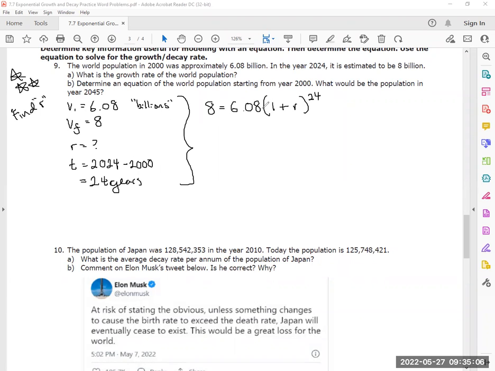Tell me your main problem. I'm going to start the first step by dividing both sides by 6.08 because my goal is to get R all alone. So I'm going to first get rid of whatever's on the outside of the bracket. What is that equal to? What do you get?